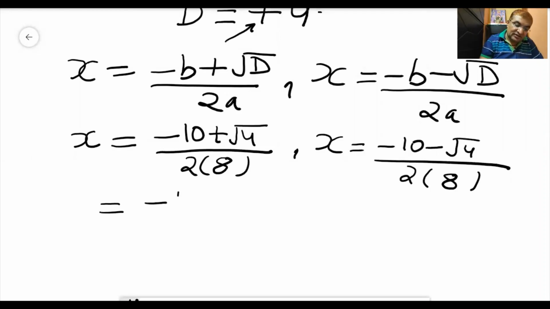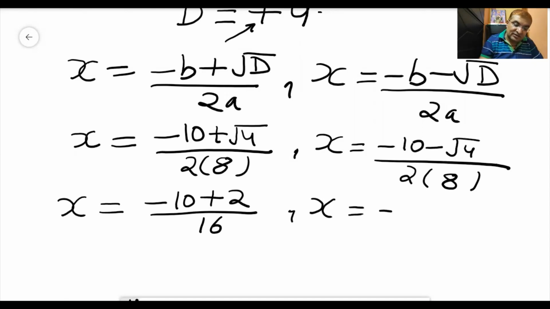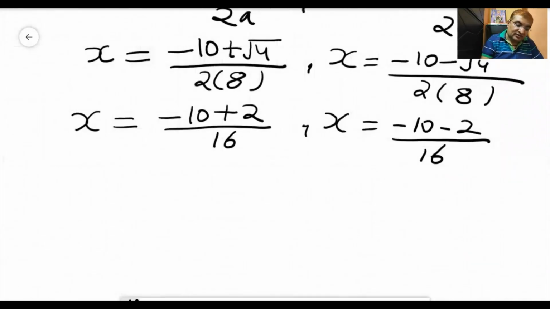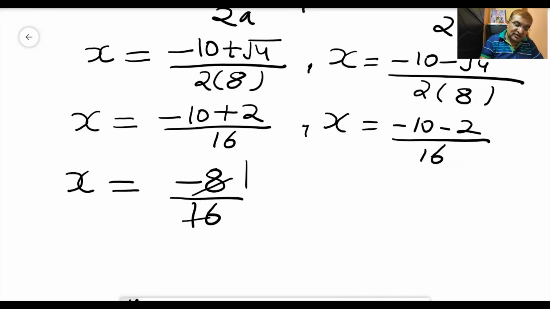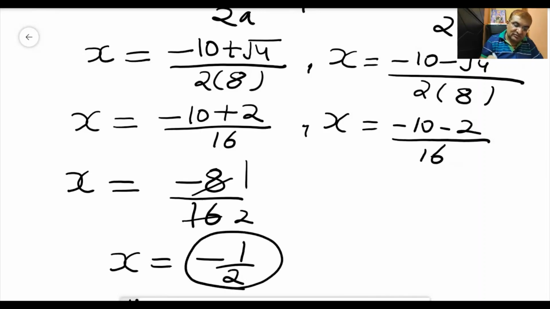Now it is minus 10 plus 2 divided by 16, that is the first, and the second case will be minus 10 minus 2 divided by 16. Moving further, observe please, minus 10 plus 2 will be minus 8, minus 8 divided by 16, so 8 1s are 8, 8 2s are 16, so eventually we get the first answer as minus 1 by 2.